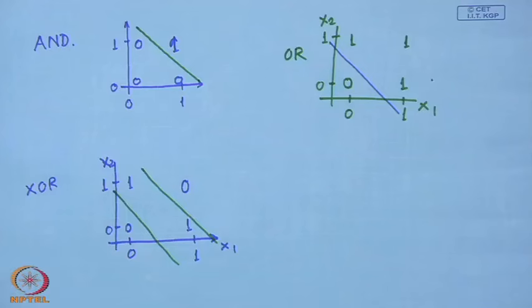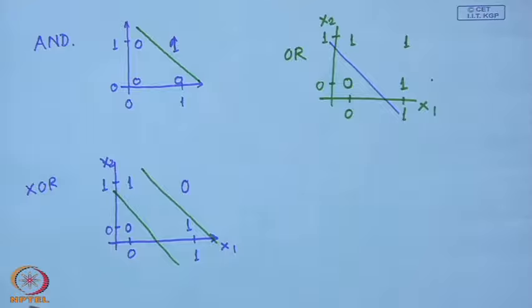And when we discussed the backpropagation neural network, we showed that the AND function and OR function can be implemented using single layer perceptrons, but the XOR function cannot be implemented by a single layer perceptron.